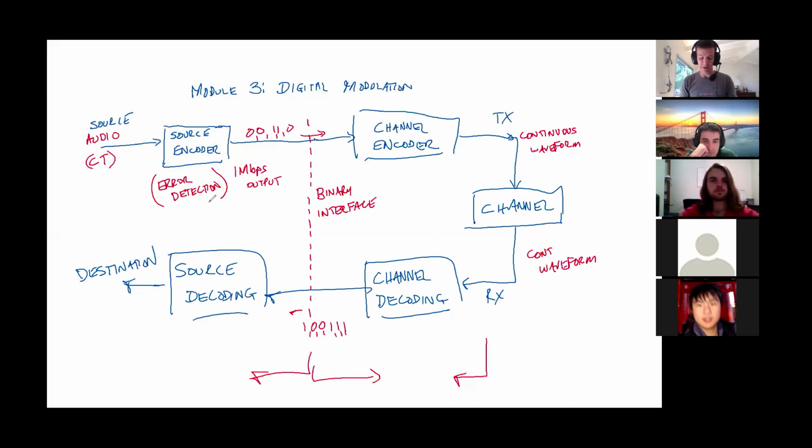We call those error correction or error detection bits. And so what you end up doing is you send more bits than you would need to just represent the bare bones data. But the advantage of sending extra bits is if you choose those extra bits wisely, those extra bits can actually tell the source decoder how to correct for errors.